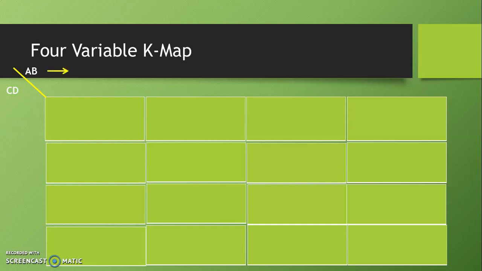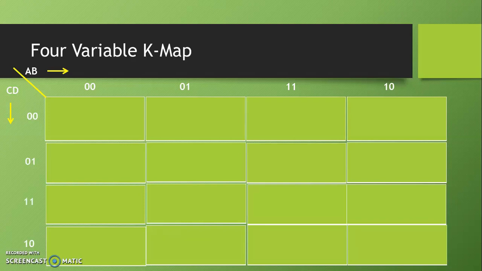We write binary equivalent values for each bit of AB: 0 0, 0 1, and now this is very important, 1 1, 1 0. You should notice this change. In the same way, if we go downward for the CD binary bit values, we can write 0 0, 0 1, 1 1 and 1 0.